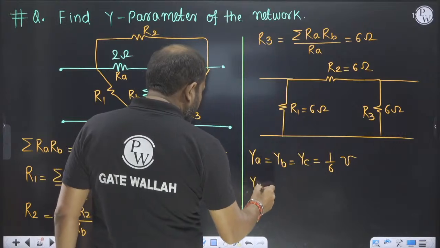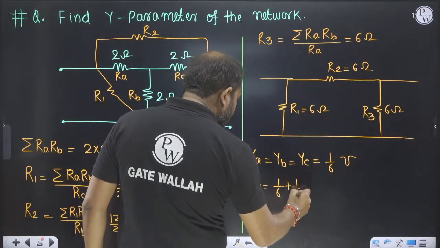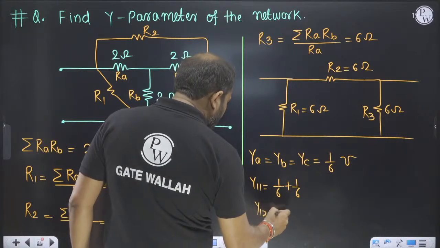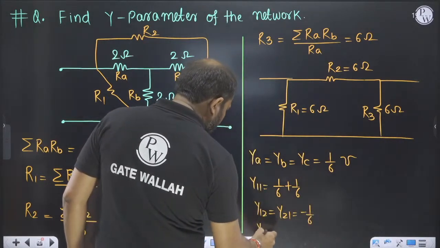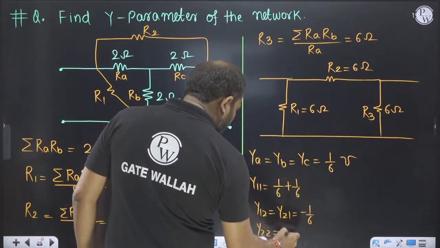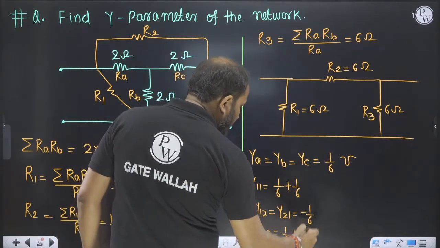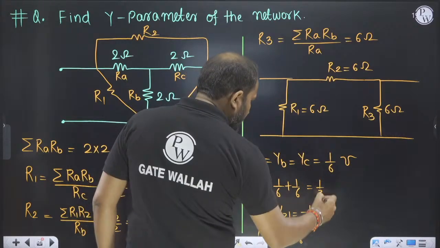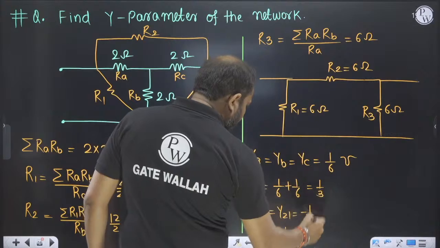Y11 is equal to YA plus YB, 1 by 6 plus 1 by 6. Y12 and Y21 are equal to minus YB, and Y22 is equal to YA plus YB plus YC, or YB plus YC. So this is 1 by 3, minus 1 by 6, and this is 1 by 3.